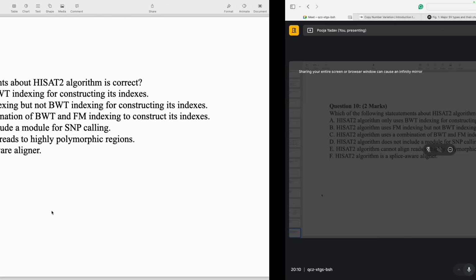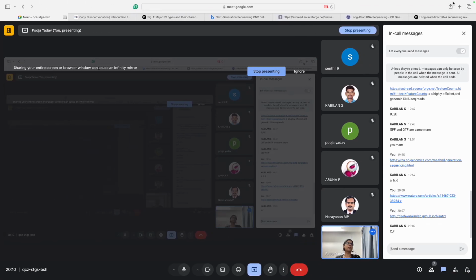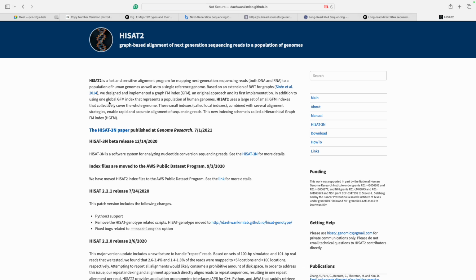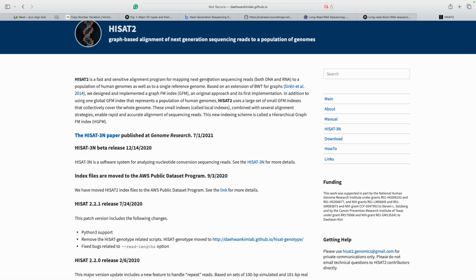So let's go to the link. HISAT is a fast and sensitive alignment program. It is a package for aligning our raw reads to our reference sequence, mapping our next generation sequencing data to our reference genome.